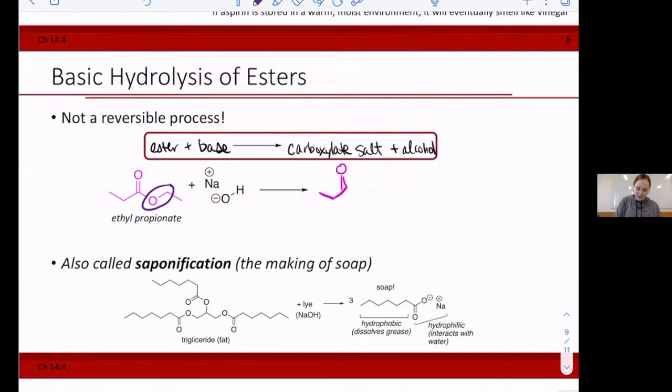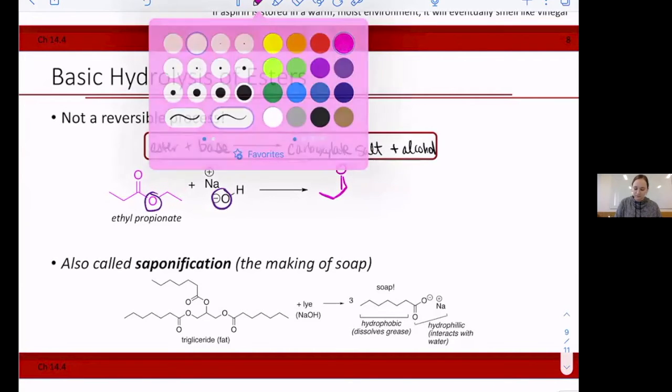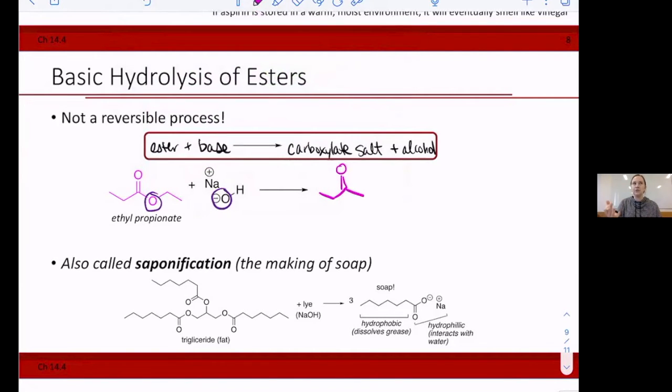Actually, it's not that hydrogen. Let's just circle the oxygens and show that the oxygens switch. Technically, the sodium is going to stay with the carboxylic acid because the acid is more acidic. So it's not like a full switch on this one.